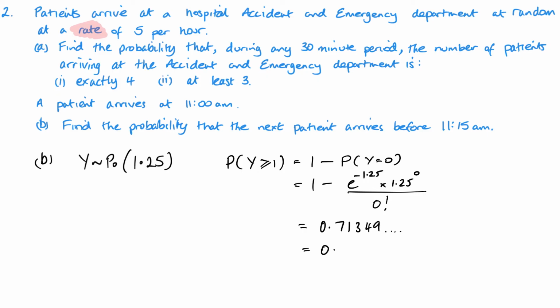So to 3 significant figures, that's 0.713. But you can quite clearly see here, had I rounded this to 4 decimal places first, then it would give me a slightly different answer, which is what happens sometimes, which is why you should be using as accurate an answer as you can.